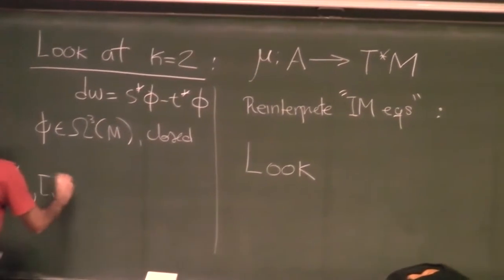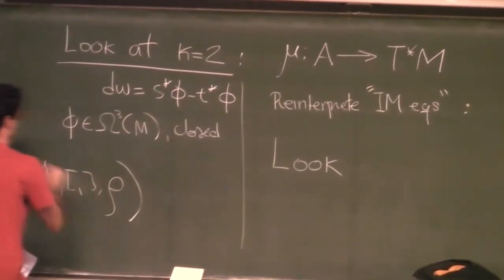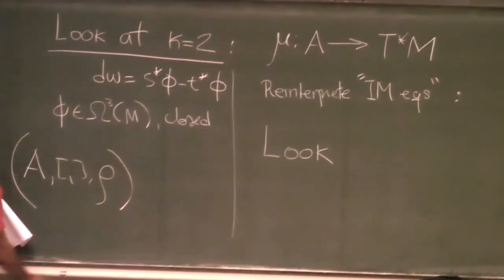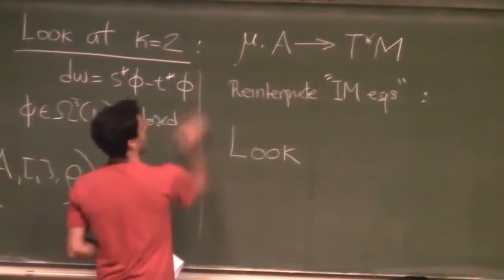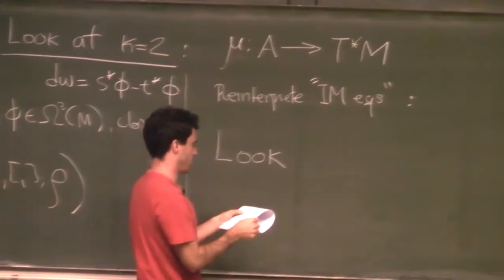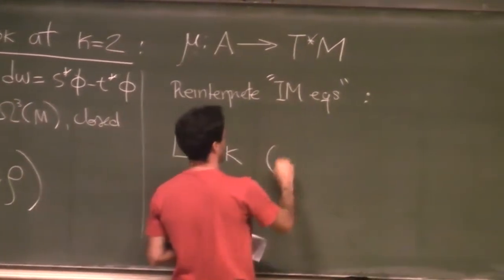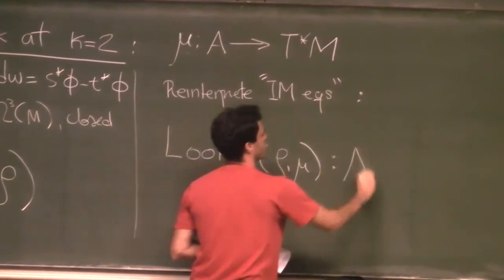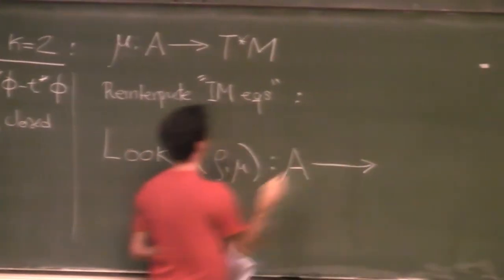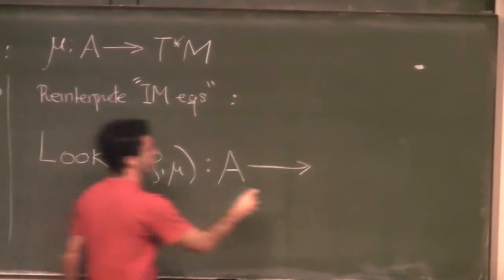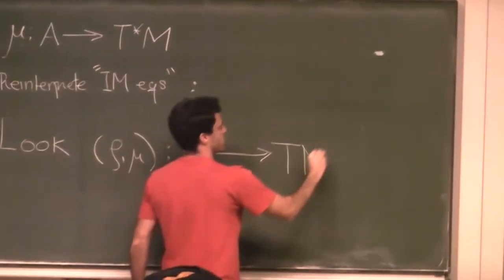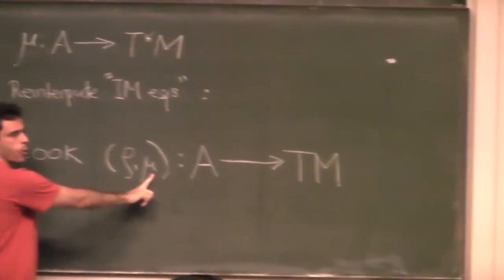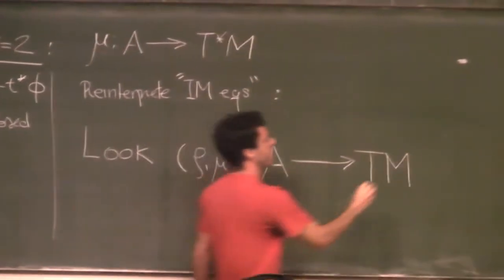So this is all defined on a Lie algebroid, right? So let's look at the map that combines the anchor and this component here. So let's look at this map. This is a map that goes from the algebroid where? So the anchor takes the algebroid to TM, while this second component will take the algebroid to T star M.